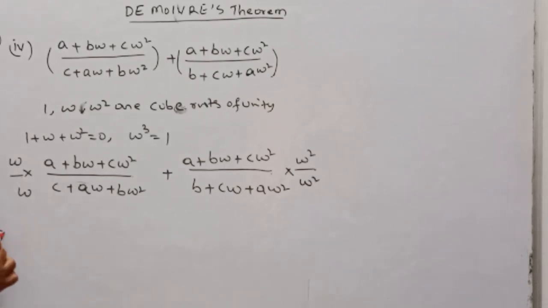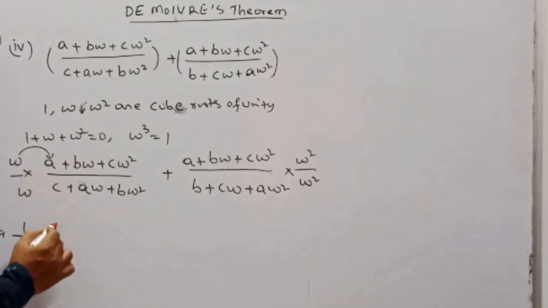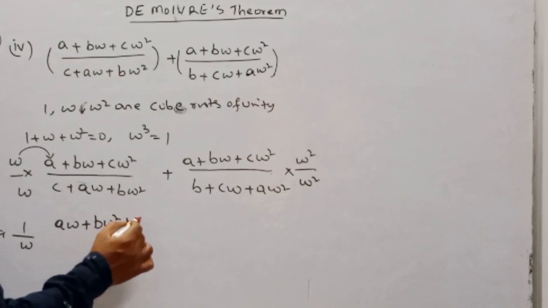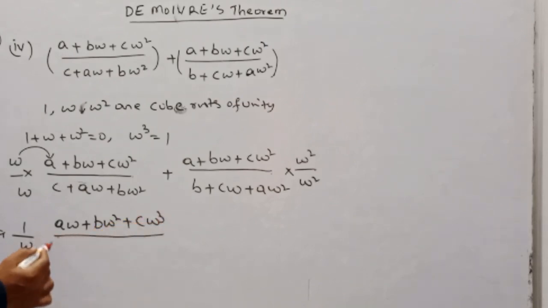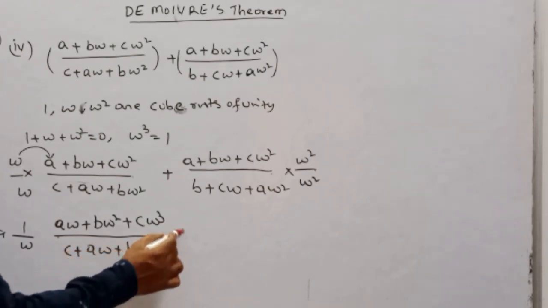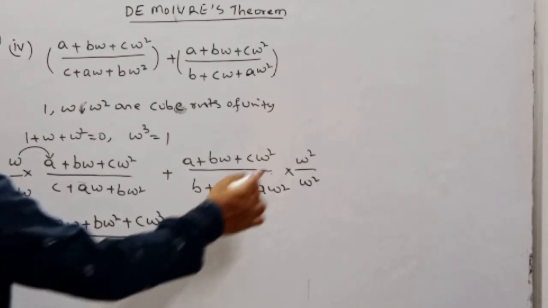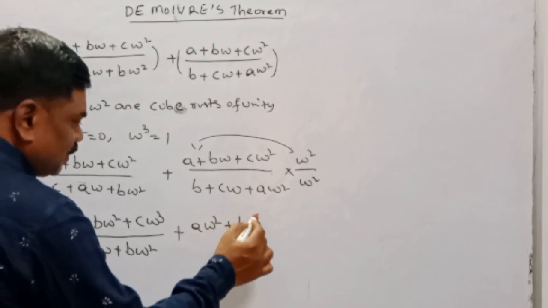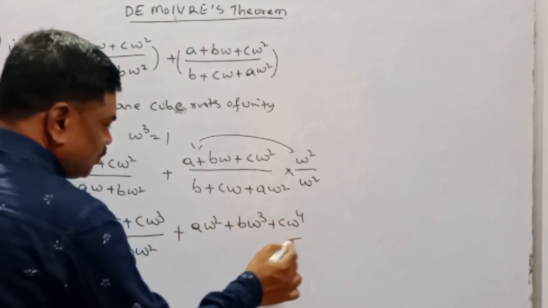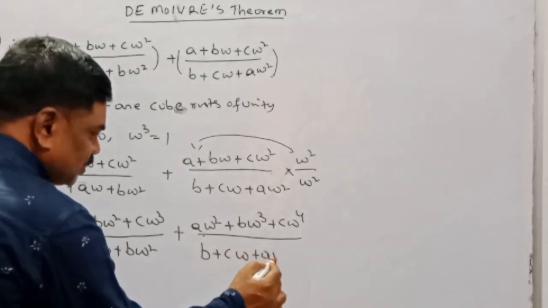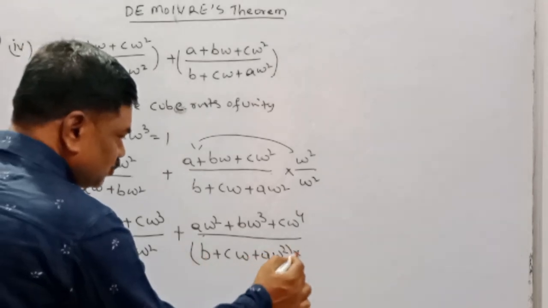Then how to change this one? 1 by omega into (a omega plus b omega square plus c omega cube) by (c plus a omega plus b omega square). Here you can multiply with this one: (a omega square plus b omega cube plus c omega power 4) by (b plus c omega plus a omega square) into omega square.